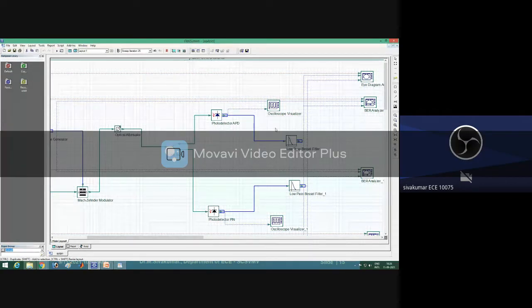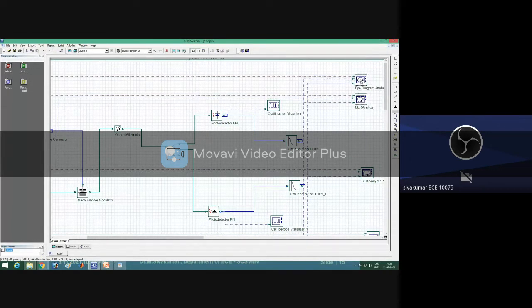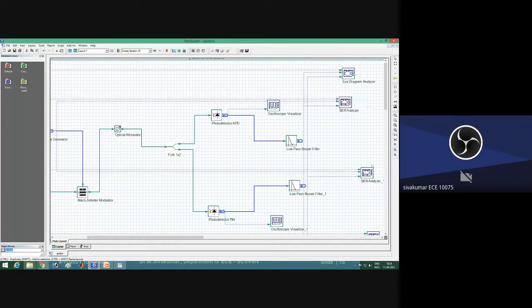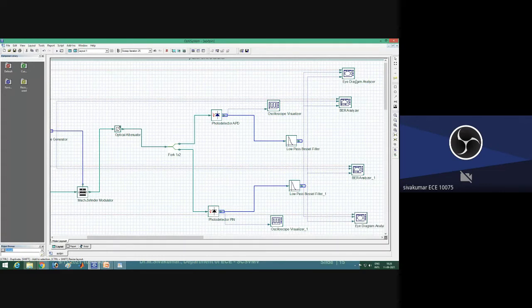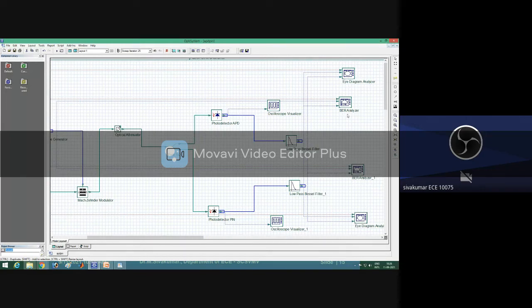After the Bessel filter, the output is connected with two diagrams. Here you compare these two blocks. You can also include an eye diagram analyzer and BER analyzer for both the PIN photodetector and the APD photodetector.